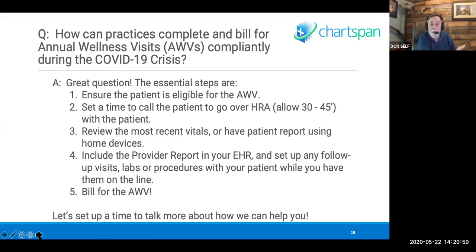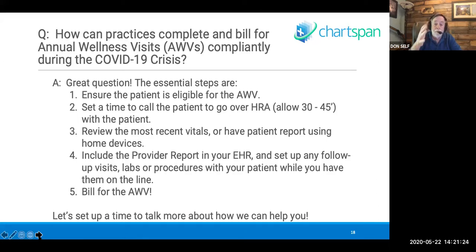So they will have the patient on the phone with a nurse or an MA in the doctor's office doing this, and they're answering the questions on the iPad that ChartSpan provided. They've already done an eligibility check on the patient to make sure that the patient qualifies for the annual wellness visit, because we don't want staff doing something that we're not going to get paid for.